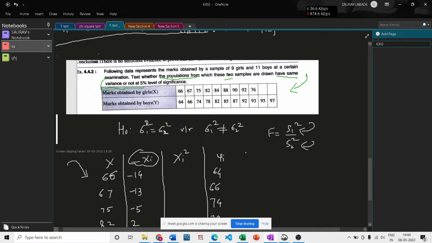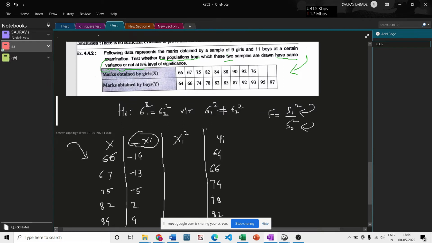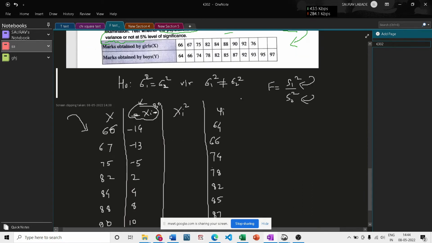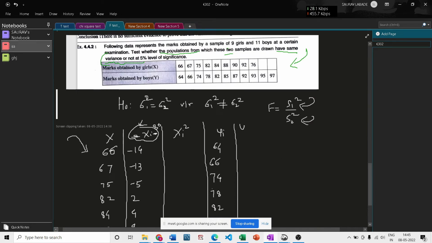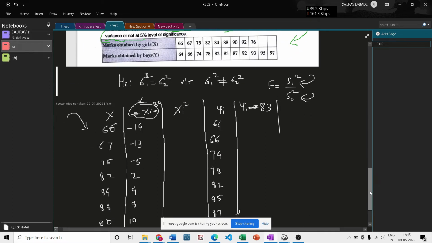Now here also I have to subtract all these yi values from the mean of all the values, which is 83. So this column is xi minus 80, and my next column will be yi minus 83.